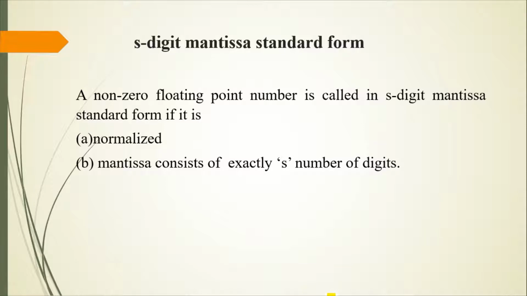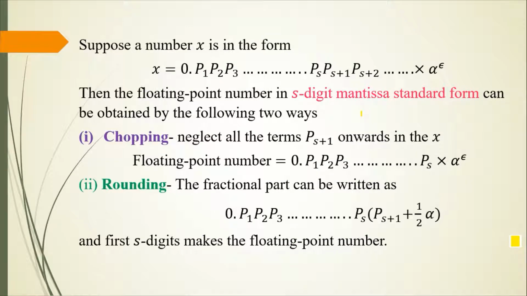S-digit Mantissa standard form. A non-zero floating point number is called in S-digit Mantissa standard form if, first, it is in normalized form, that is the Mantissa lies in one of the intervals which I explained in the earlier slide, and second, the mantissa of the number consists of exactly S digits, not more than S or less than S. Let us consider a number x in this form.